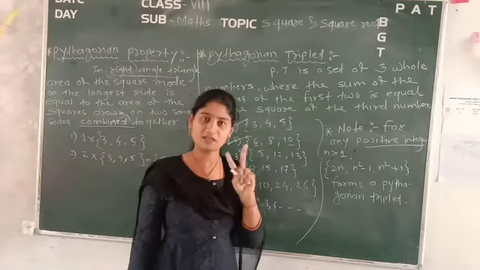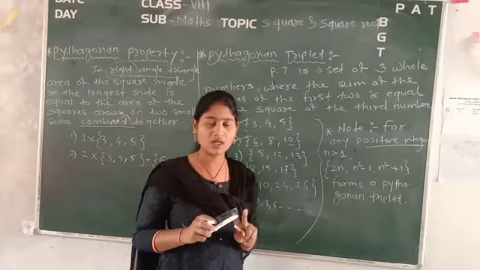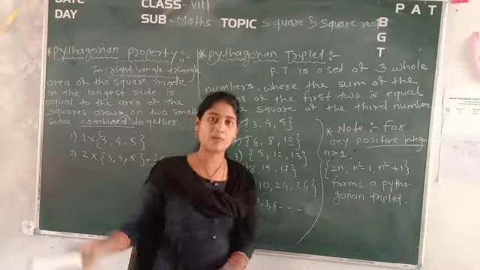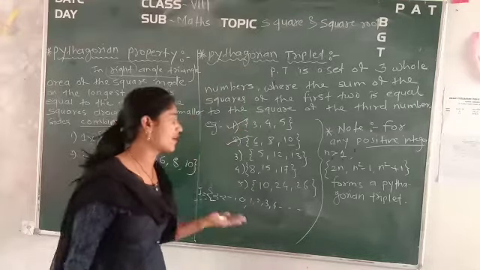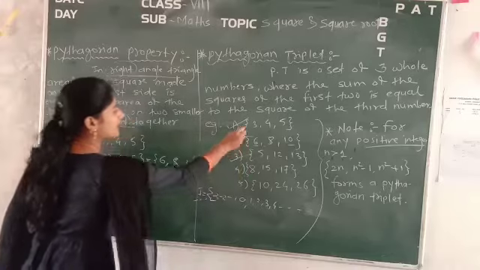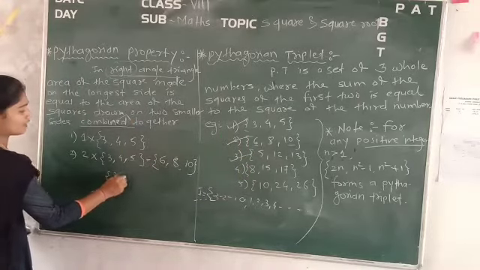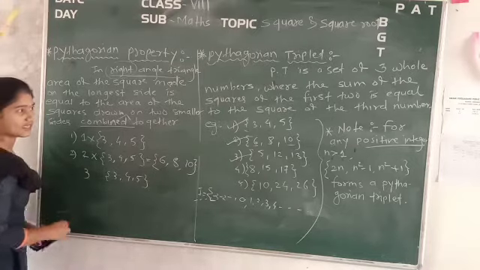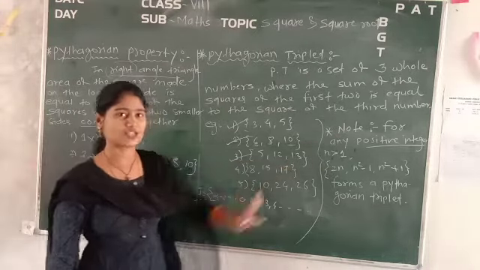First multiply with 2, then with 3, then with 4, and like that up to infinite times you can find infinite Pythagorean triplets. Next, how is it formed? By multiplying this same triplet 3, 4, 5 by the next natural number, the next positive integer.